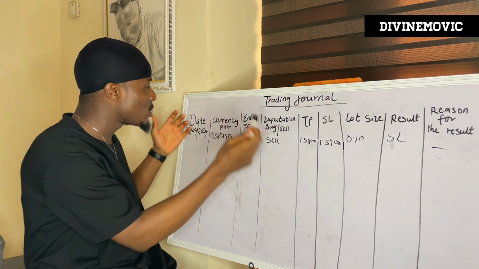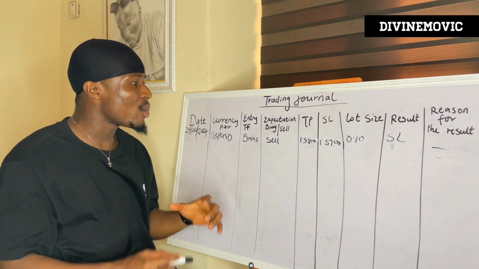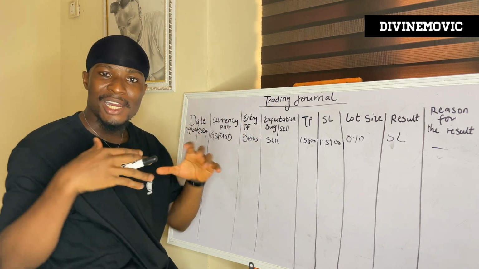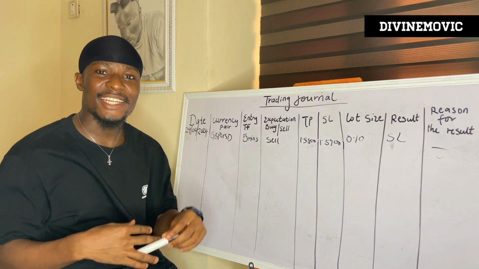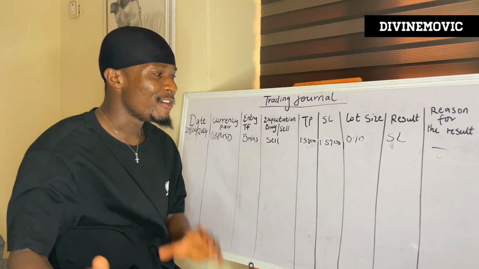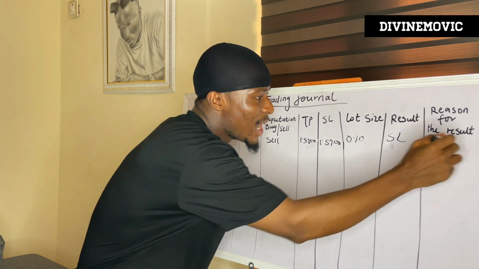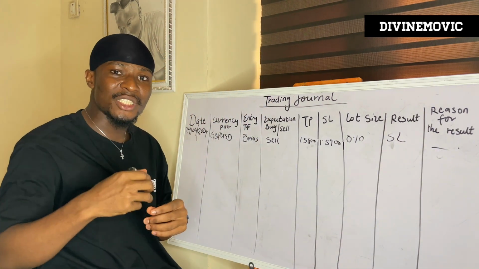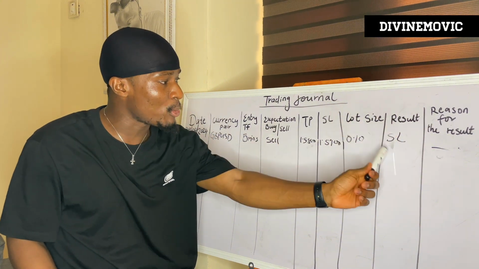This information is what allows you to journal properly, reanalyze your trade, take the feedback, and improve your next trade. For instance, if you find the reason why you took this SL here, and on your next trade you see that same reason, what do you do?